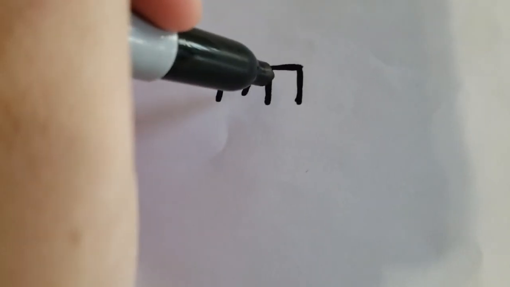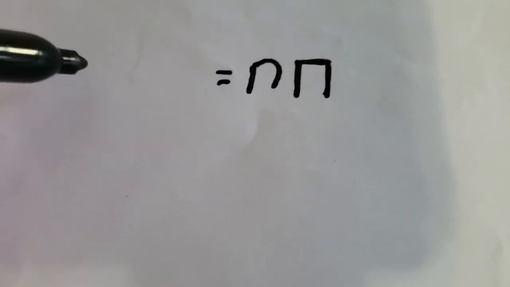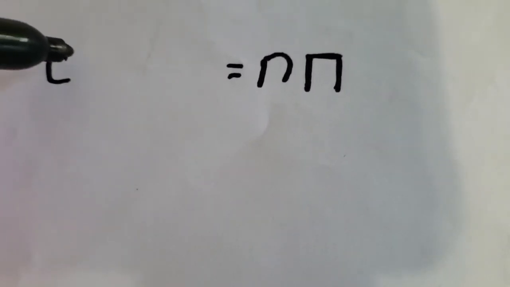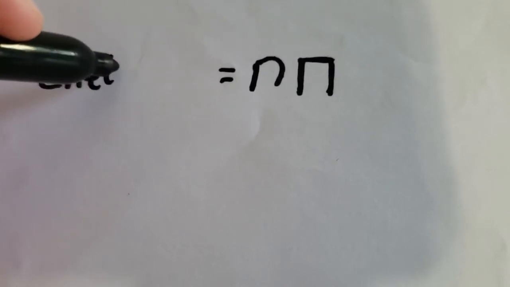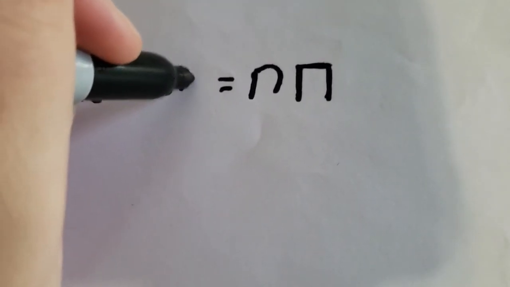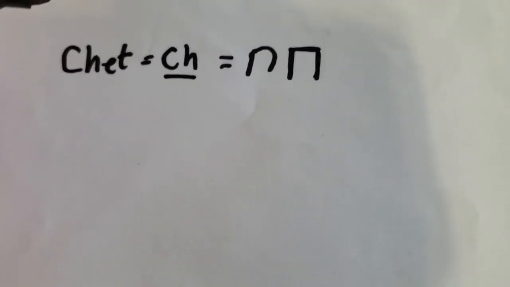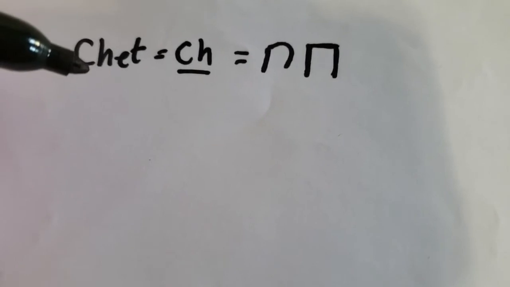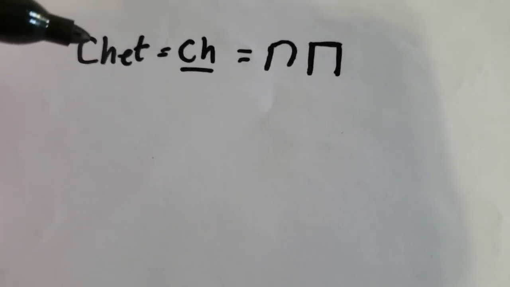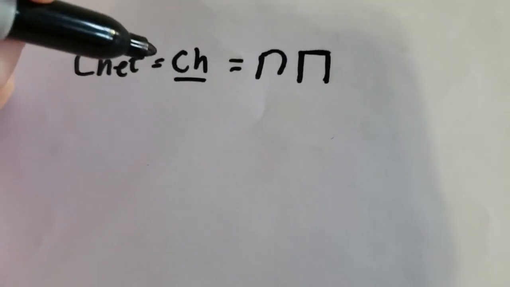So it's very similar to this, more curved. Okay, the letter name is Chet. And the sound that this makes is CH. This letter doesn't exist in English, but it's as if you're clearing your throat. I know it's a disgusting analogy, but it comes from deep down. This you have to practice.